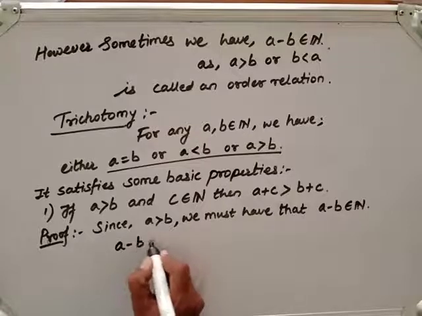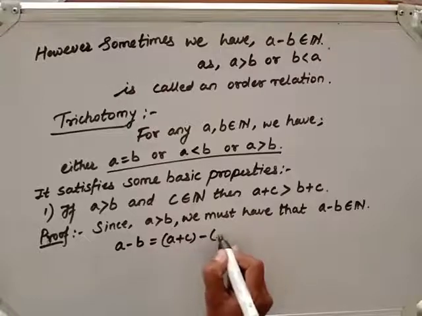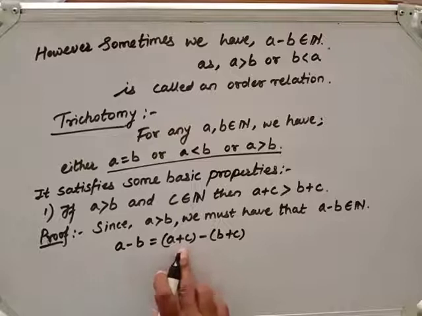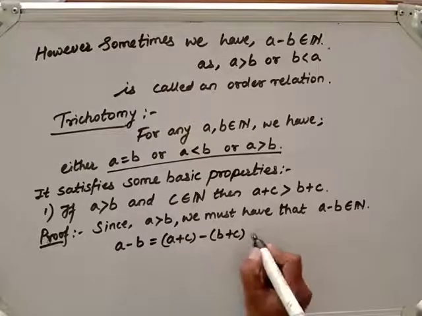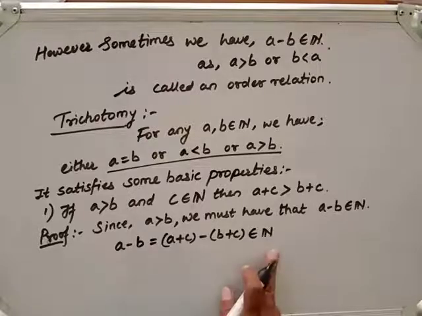This a minus b I can write as a plus c minus b plus c. What I have done here is add c and subtract c. This belongs to the set of natural numbers, as a minus b belongs to the set of natural numbers.